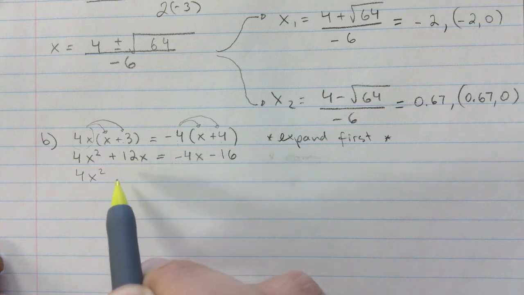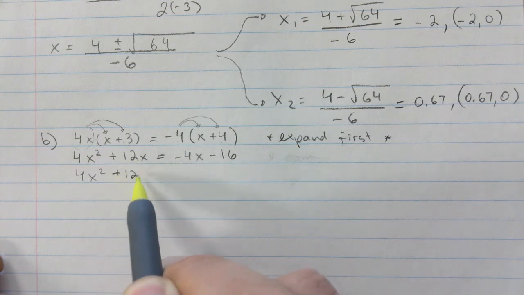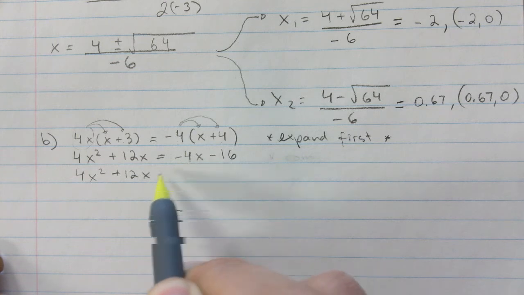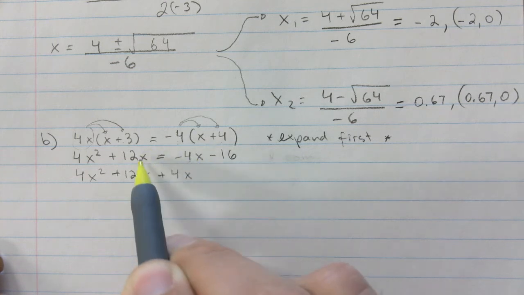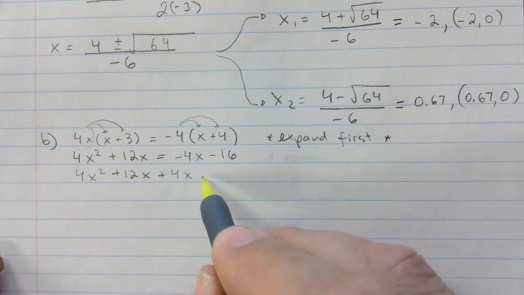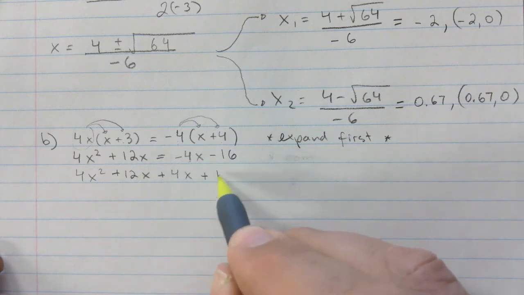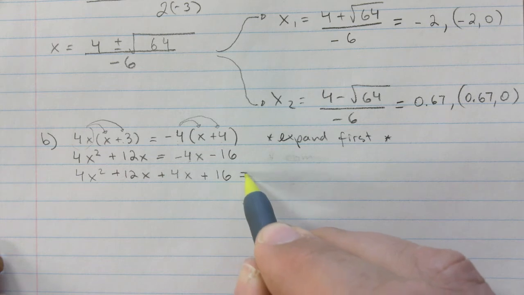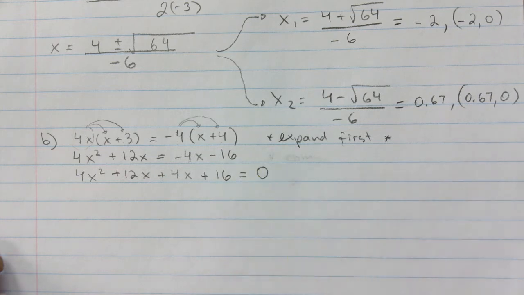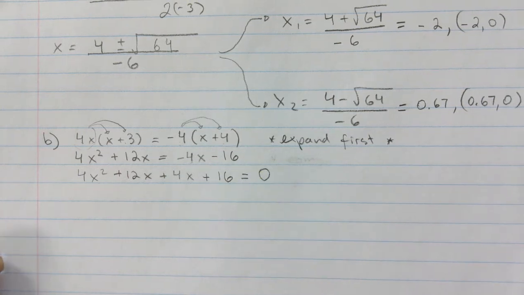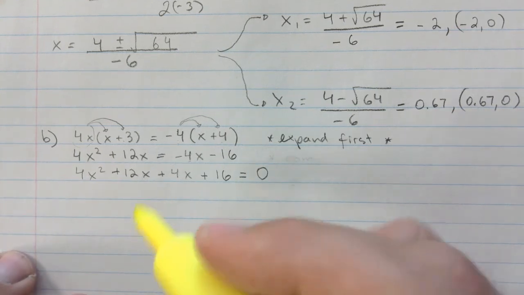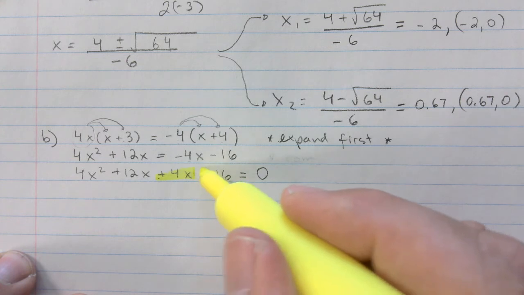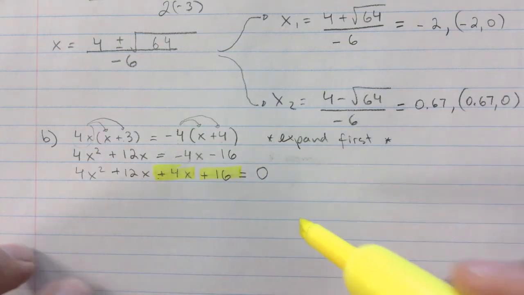Then you take the x term and you bring the x term that's on the other side over to this side. And the 16 comes over as well, and you make everything equal to 0 on the other side. Right?